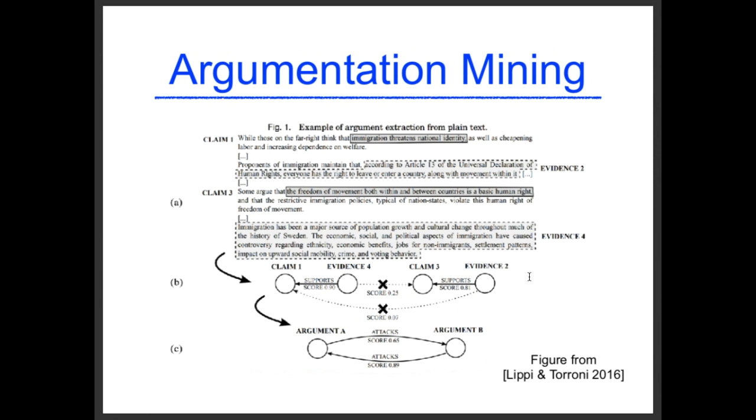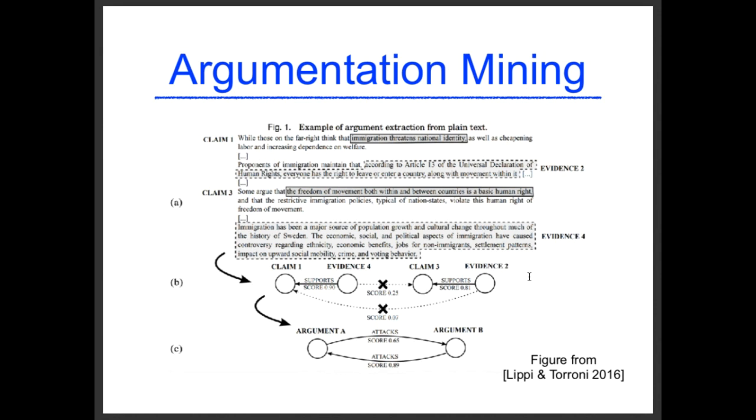You probably cannot read it well, but it's a piece of a Wikipedia page, okay? And you want to extract the arguments from there, where an argument is, as I told you, a statement about something that you want to say, and it could be supported or not by some evidence, okay? So for example, this is the web page of Wikipedia about immigration, which says, while those on the far right think that immigration threatens national identity, as well as blah, blah, blah.